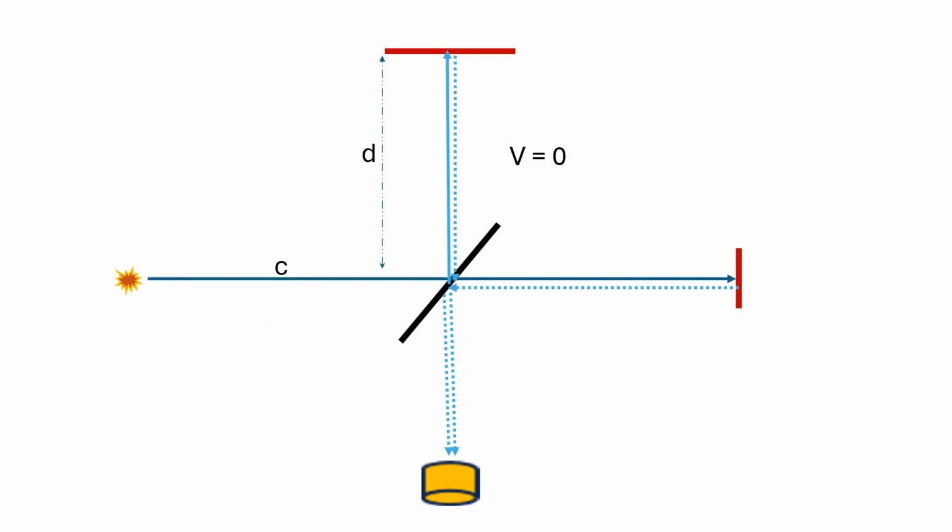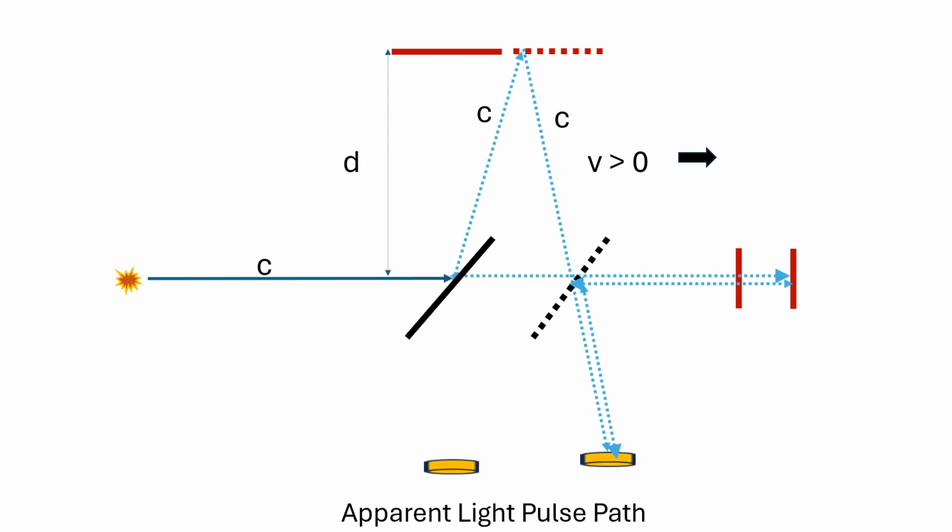Now, if we go back and take another look at the Michelson Interferometer and look at it with the same perspective of who's moving and in what direction, what you find out is that the way it is basically diagrammed is that when the apparatus is moving in this direction, which would be when it's in a laboratory on Earth and it's moving with the Earth, and the Earth is moving in this particular direction relative to the orientation of the interferometer, this is the path of the light.